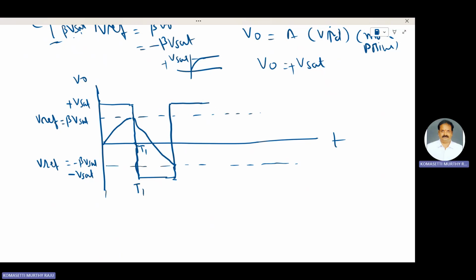Again, the capacitor charges and reaches this point, plus beta V sat, and crosses it. The output of the astable multivibrator switches to minus V sat. The capacitor discharges like that.